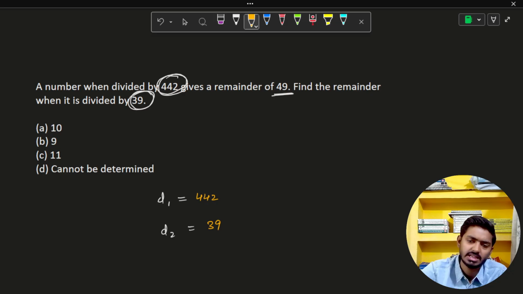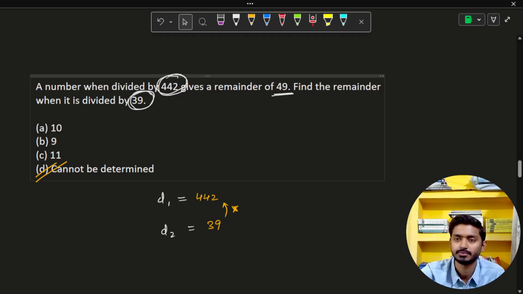Now that is 390. That won't be a multiple. If that is not a multiple, we cannot ever decide what the remainder would be. So we'll mark option D.